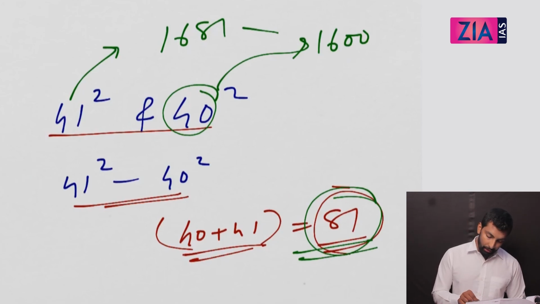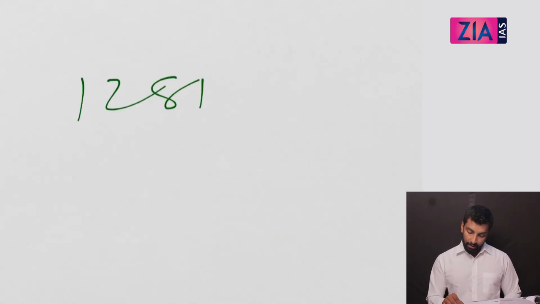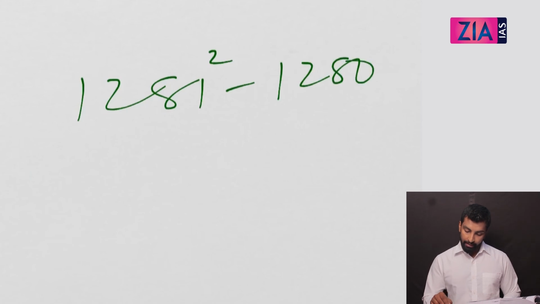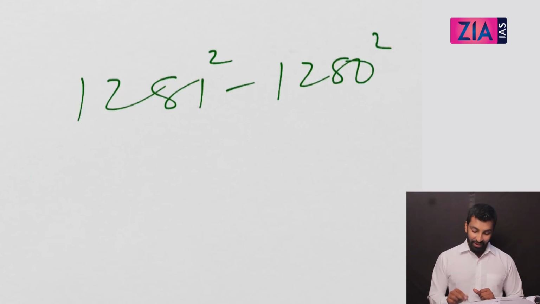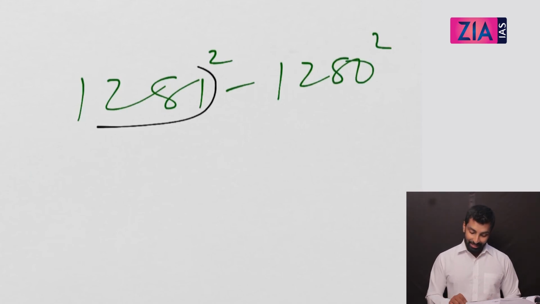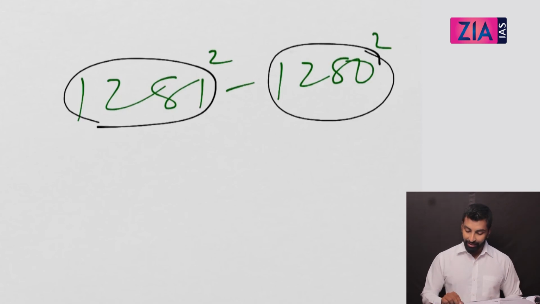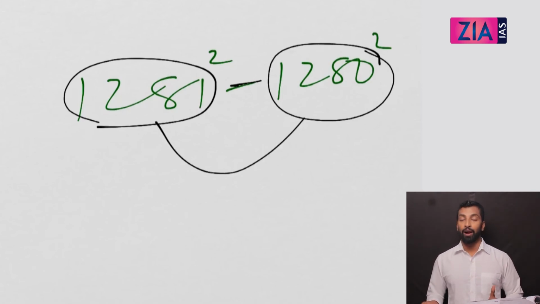Now here otherwise also you can find it, but if I give you a question like 1281 square minus 1280 square, now can you find the answer? What do you need to do? You need to find the square of it, take the difference. But rather, what you need to do is just add this 1280 and 1281. Okay, so how will you add?